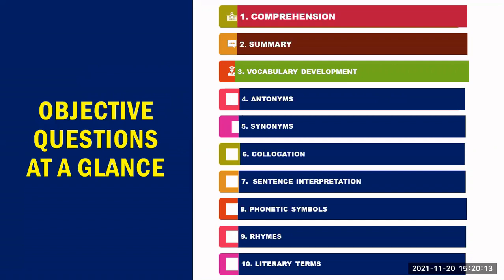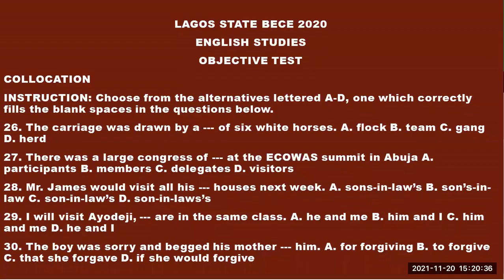Of course, there are other grammatical principles that we shall be looking at, but we have just given you at a glance the various segments of the objective test questions, all right? We have already looked at comprehension questions, so today we are going ahead to look at questions on collocation, on collective nouns, on adjectives, word order, and so on and so forth.